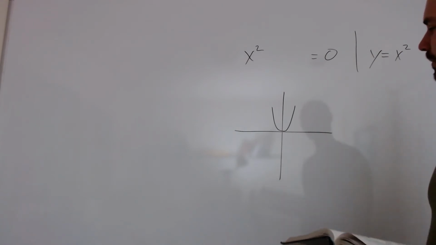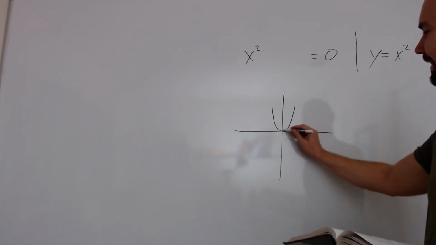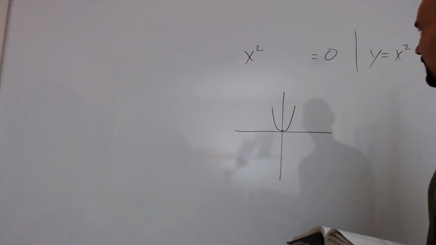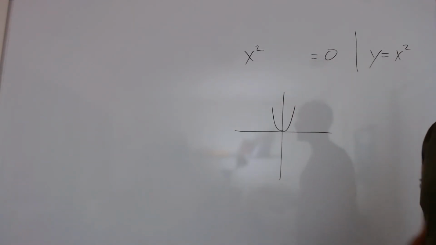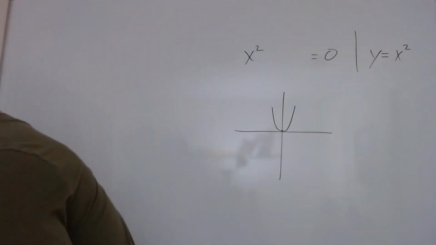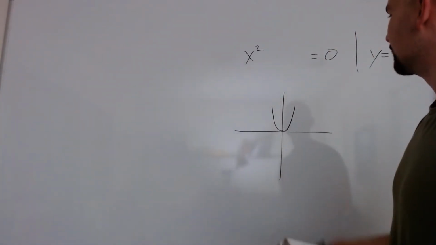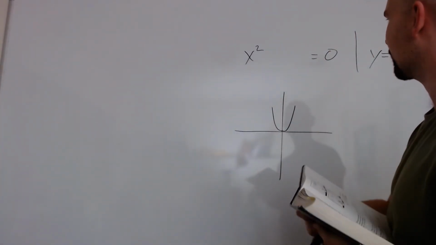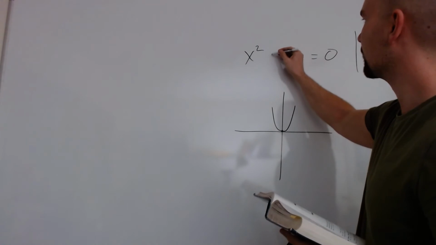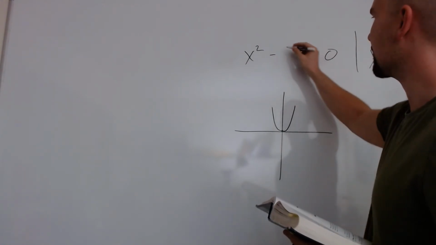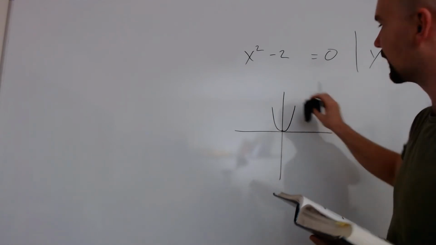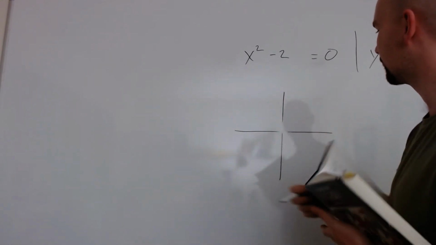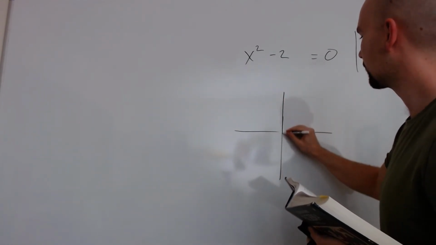That one actually, I guess it would only have one answer because the x and y axis are both 0. So yeah, the only way for this to be true is if x equals 0, and there's no mirror image of that one. But, so let me do a slightly different one. Let's say x squared minus 2. Whenever you add a constant like that, you're shifting downward.